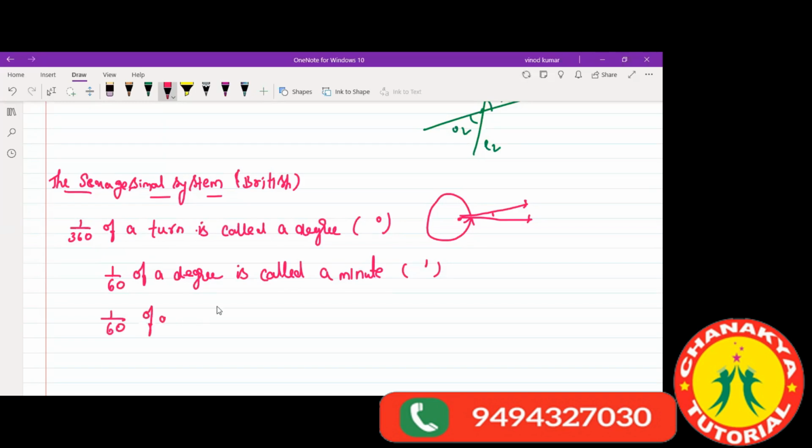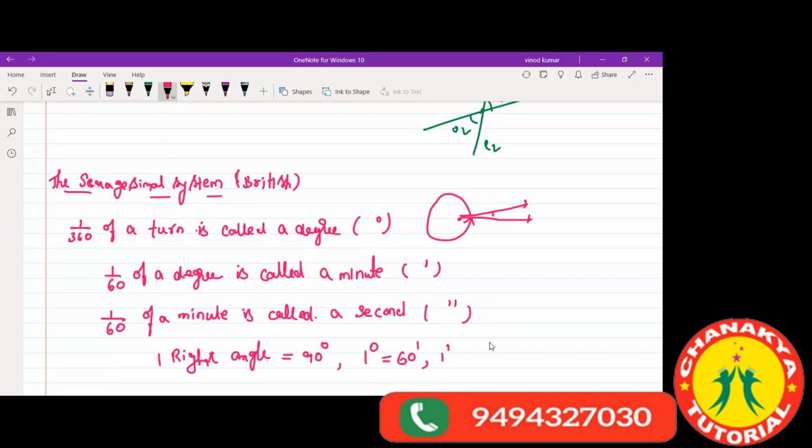It is represented by a double prime mark. Here one right angle is 90 degrees. One right angle equals 90 degrees. 1 degree equals 60 minutes and 1 minute equals 60 seconds.